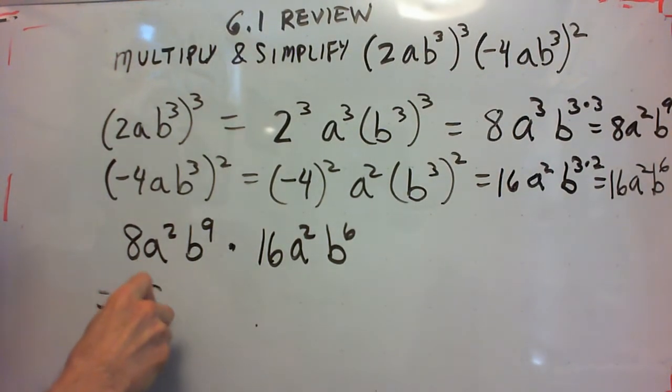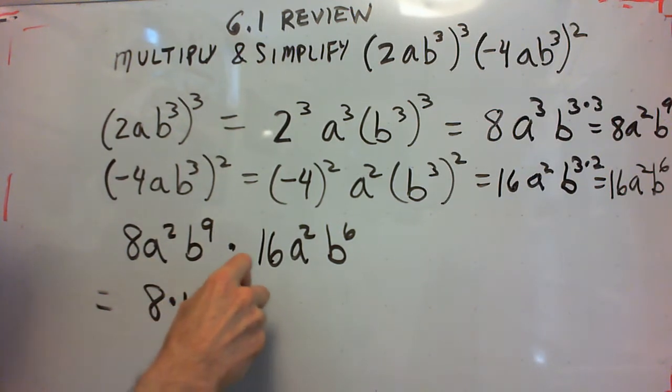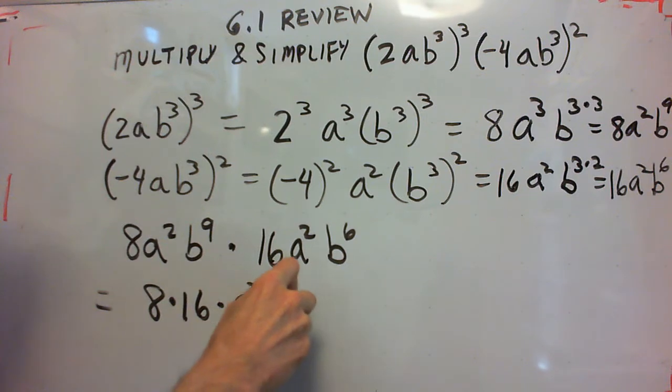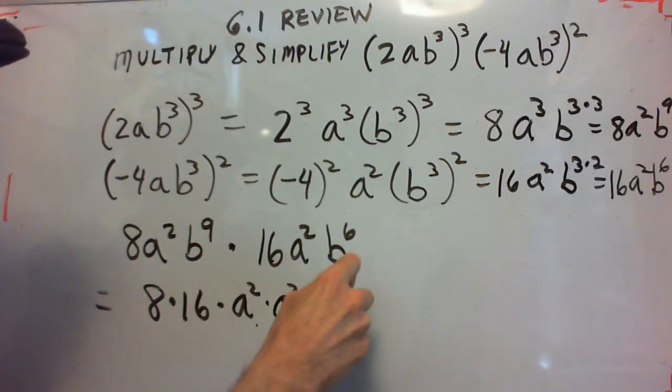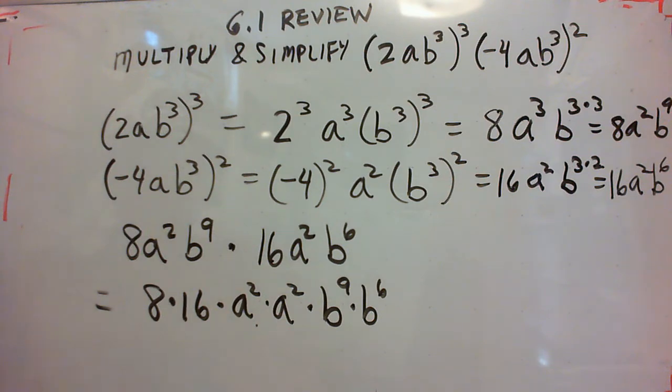So we just regroup here. 8 times 16 times a squared times a squared times b to the 9th times b to the 6th, and 8 times 16 is 128.